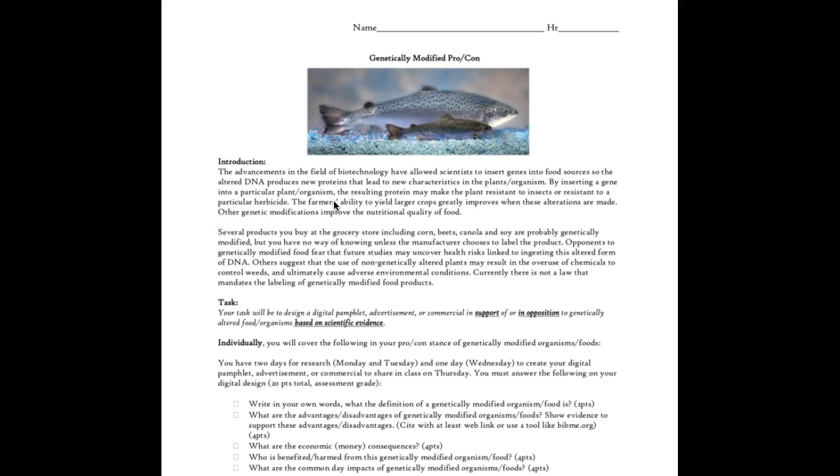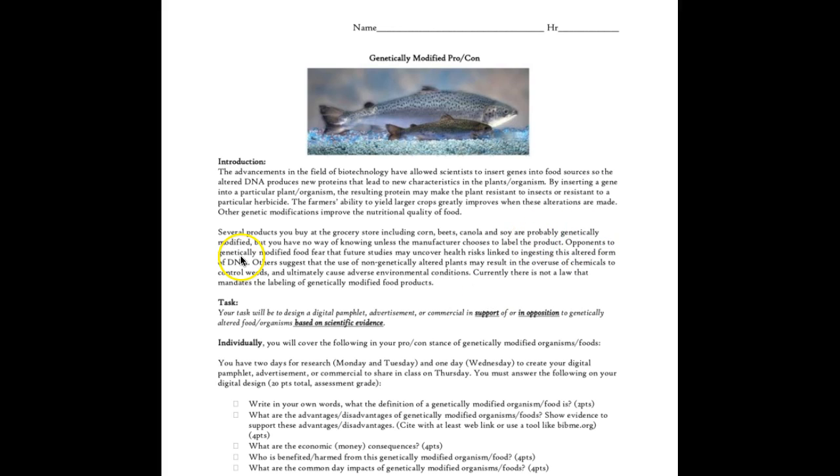It may even allow an individual to be resistant to certain viruses. This also has the potential to allow farmers to yield larger crops and improve the quality of products. Many of the things that we buy at the grocery store, including corn, beets, canola, and soy, are probably genetically modified. But we have no way of knowing this unless the manufacturer chooses a label.